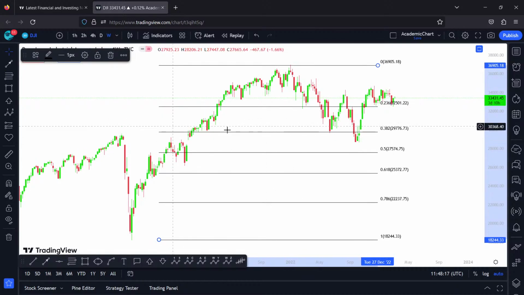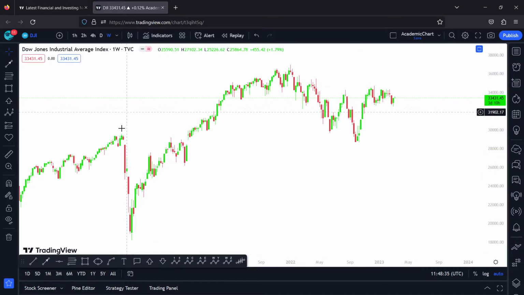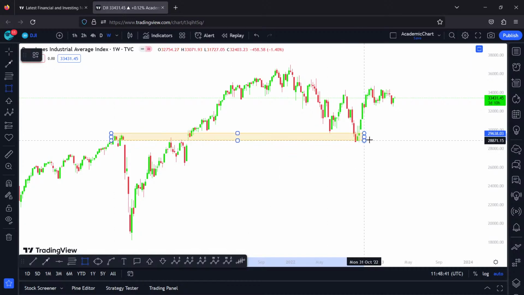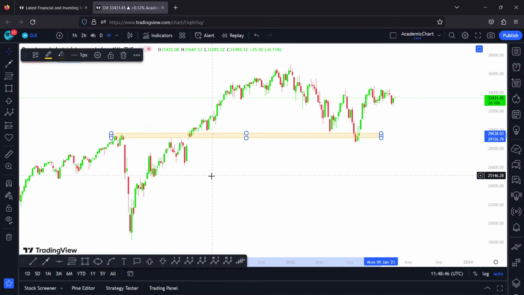So it seems that we had some sort of impulsive wave and a downtrend afterwards as the correction, and it has been corrected until 38.2 percent. And if I get rid of these Fibonacci levels, I can see a very important zone here. Price reacted to this point. It's very, very nice to see.